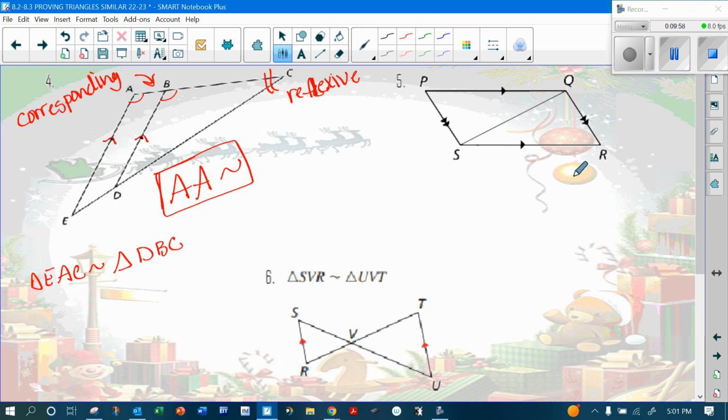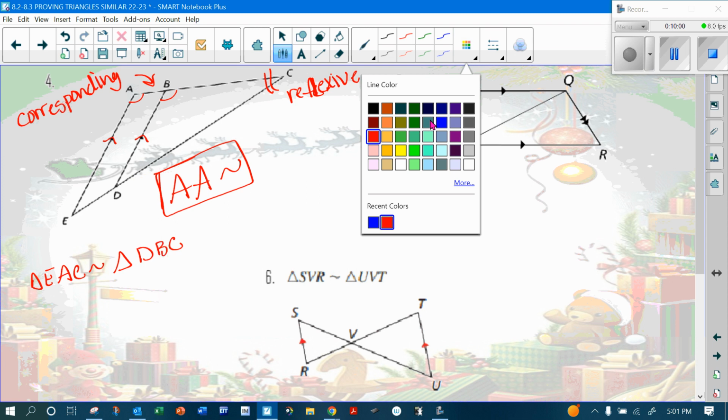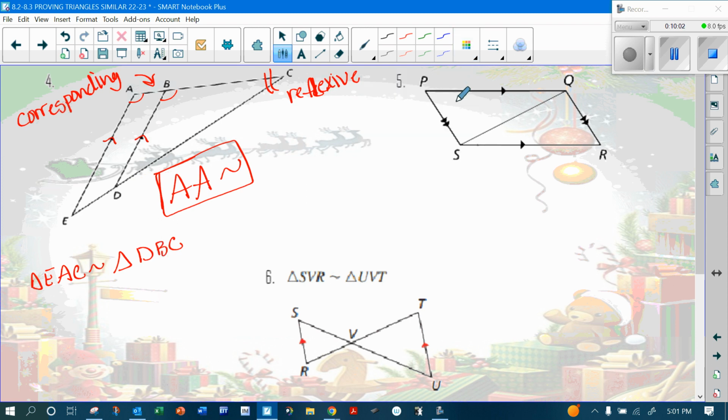Now over here, we have a lot of parallel lines, which is good. Parallel lines mean congruent angles. So I know since this is parallel to this, this angle is congruent to this angle. And I know that since this side is parallel to this, this angle is congruent to this angle.